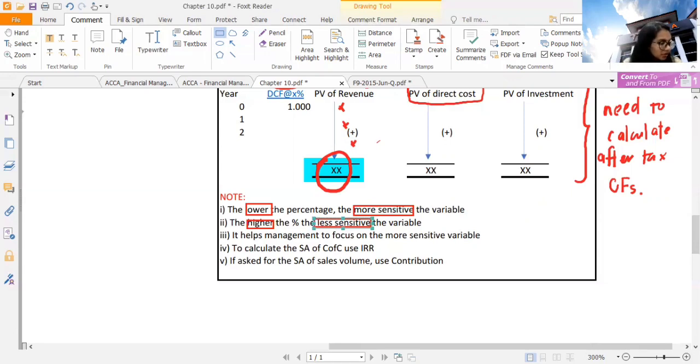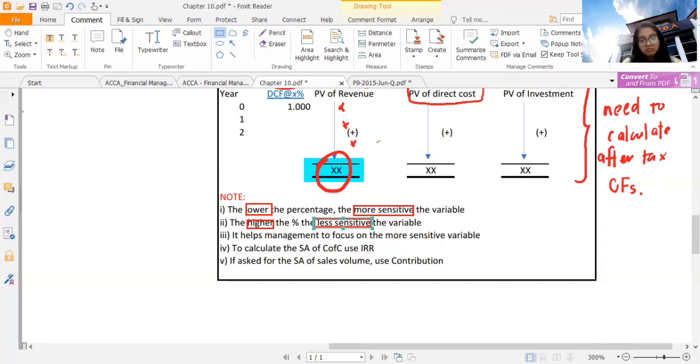You ensure that you control the variable, you monitor the variable so that the variable is not going to affect the NPV of the company. So let's say you say that the sales is the most variable. What you will do is make sure that you control or monitor the selling price in such a way where it will not affect the project NPV, right?